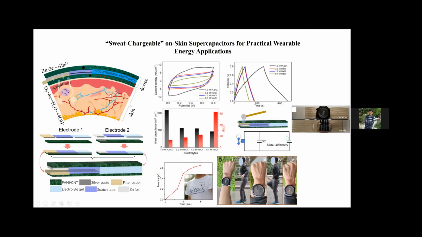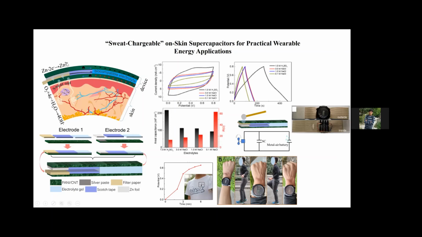See, this is our human body, and sweat is salt, NaCl, right? So what happened? First, they use a zinc-air battery. So two devices they use. When the electrolyte connects to the zinc-air, zinc is converted to Zn2+, so it releases electrons.